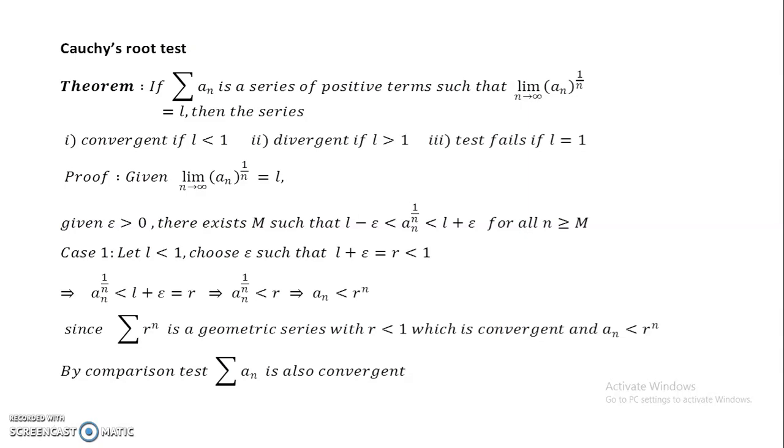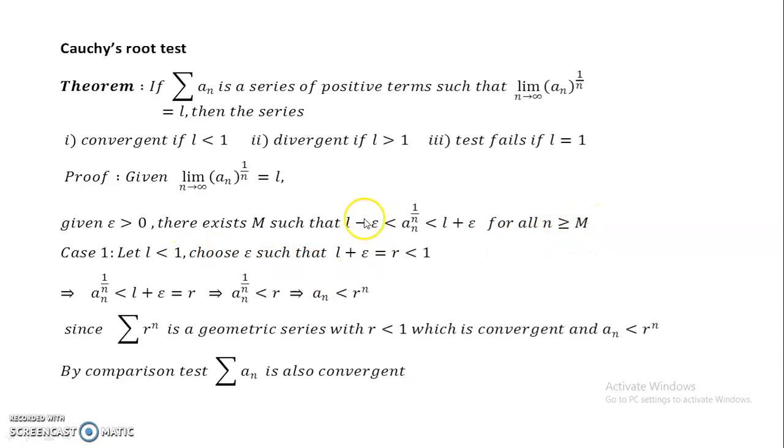Given that the limit of an^(1/n) as n approaches infinity is L. Now we can give the definition of the limit: given epsilon greater than 0, there exists a positive number m such that an^(1/n) lies between L minus epsilon and L plus epsilon for all n greater than or equal to m.